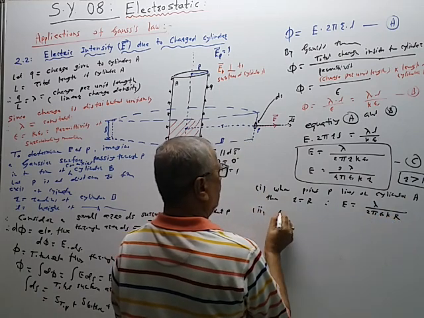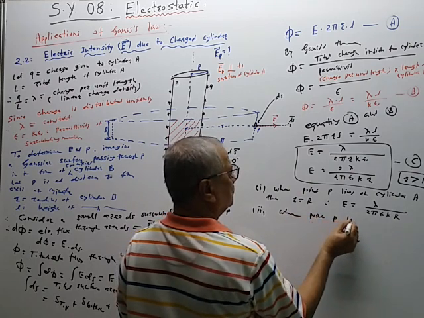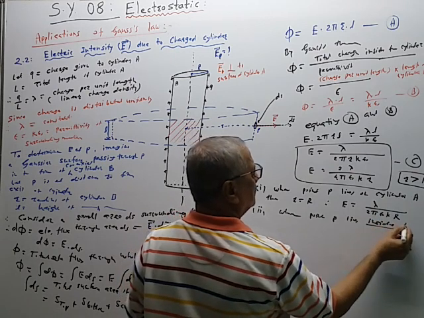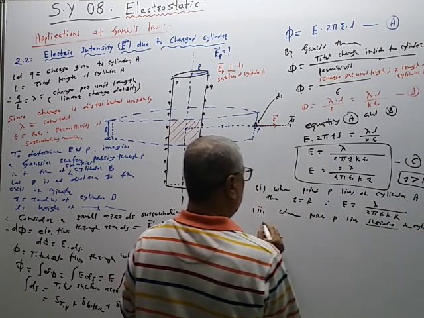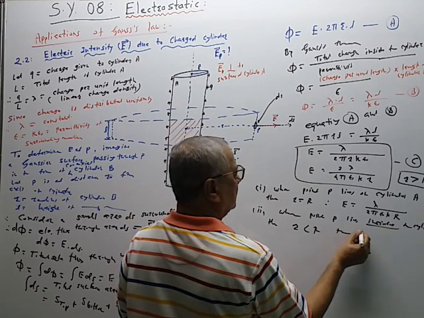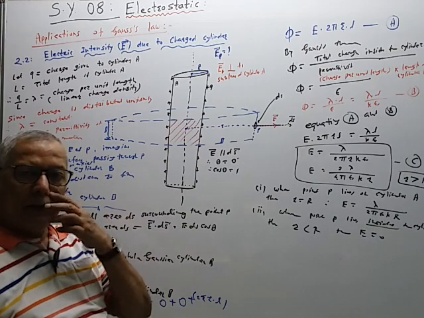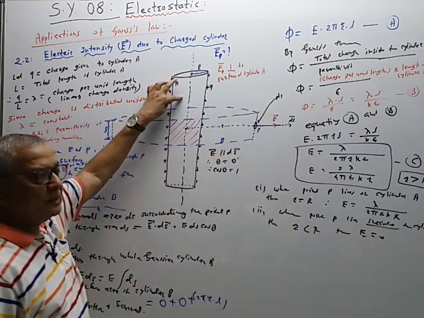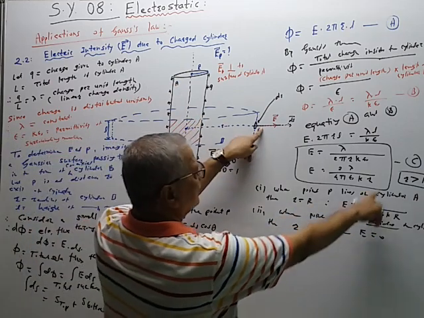Case second, when the point P lies inside the cylinder, then r is less than capital R, then E is equal to 0, because at any point inside the conductor electric intensity vanishes. हा P पॉइंट जर आपण इथे घेतला तर E 0 होईल, इथे घेतला तर ही व्हॅल्यू, आणि इथे घेतला तर ही व्हॅल्यू.